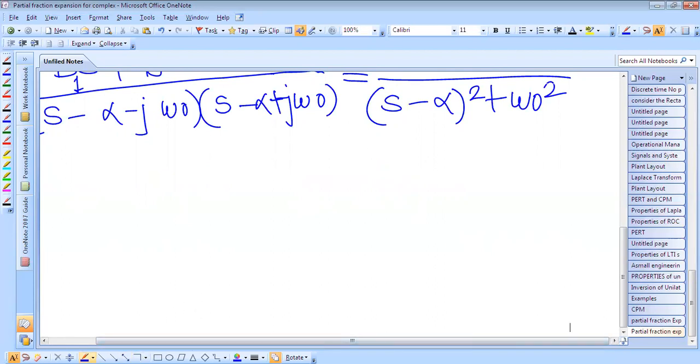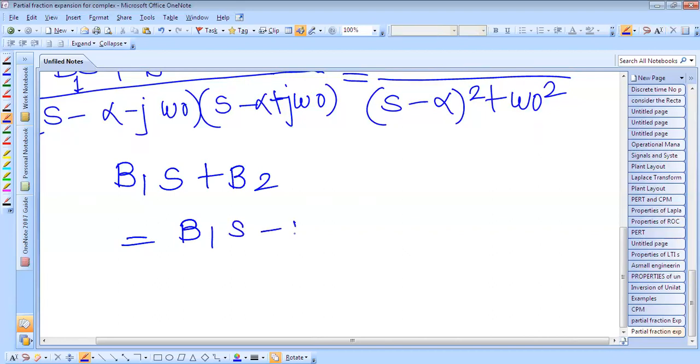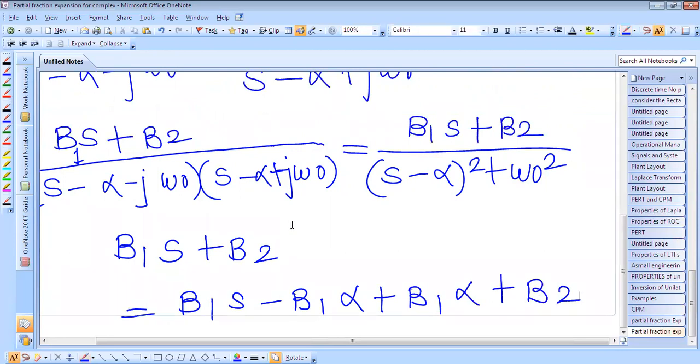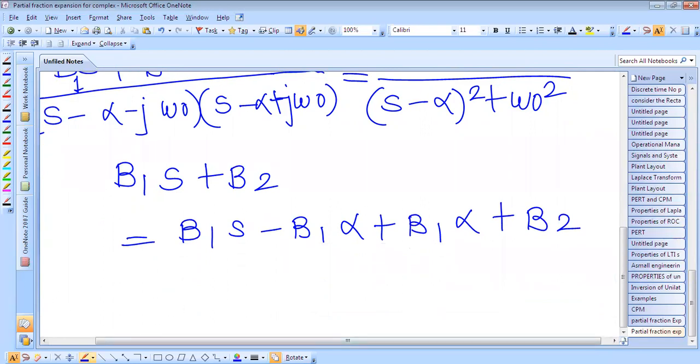Suppose this term is b1 s plus b2. This term is there in the denominator, and therefore we have to write it like this. Just for simplification purposes, b1 s minus b1 alpha plus b1 alpha plus b2. So we know that this b1 s plus b2 term is there, and if you solve this, we will get the same equation.